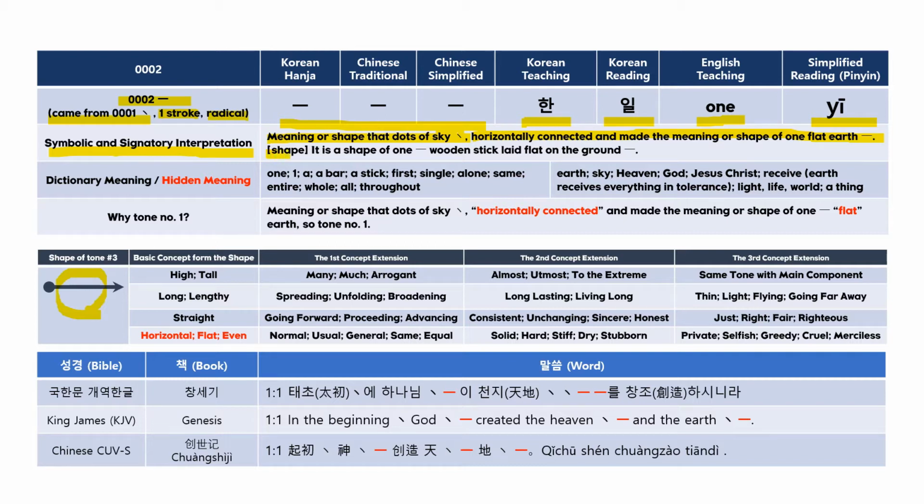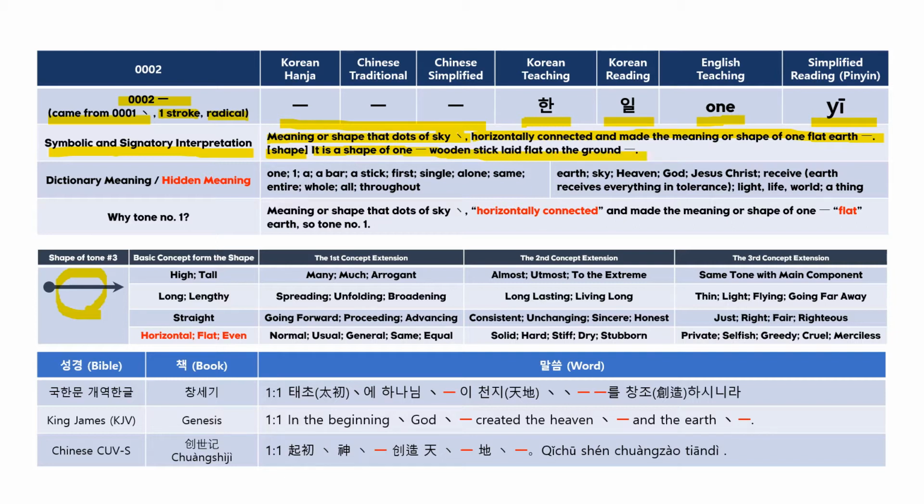We have learned the Chinese characters through shape. So in this case, it is the shape of one wooden stick laid flat on the ground. So that's good.